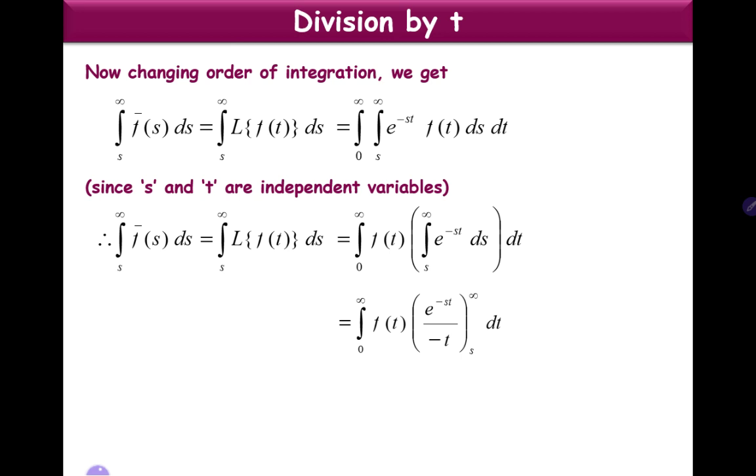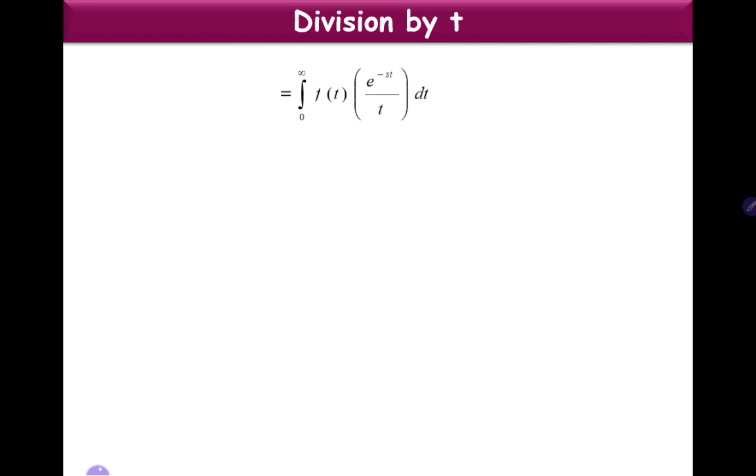Now if we substitute the limits, we get integral 0 to infinity f of t into: upper limit is infinity, so e power minus infinity becomes 0, minus the lower limit s, so that we get e power minus st by minus t. This minus and minus becomes plus. Therefore, this gives integral 0 to infinity f of t into e power minus st by t dt. This can be rewritten as integral 0 to infinity e power minus st into f of t by t dt.